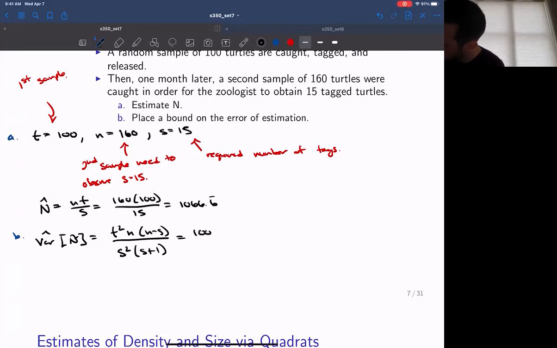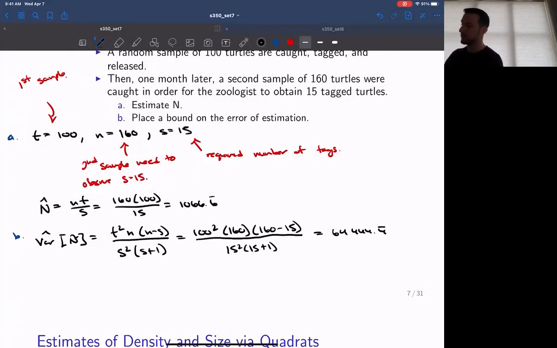So this will be 100 squared multiplied by 160 multiplied by 160 minus 15, divided by 15 squared times 15 plus 1, which is 64,444.4.